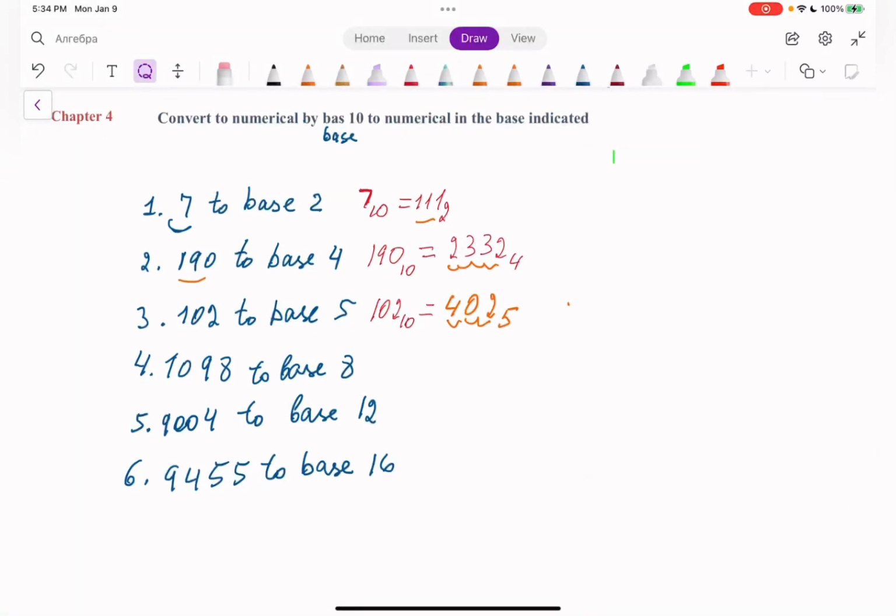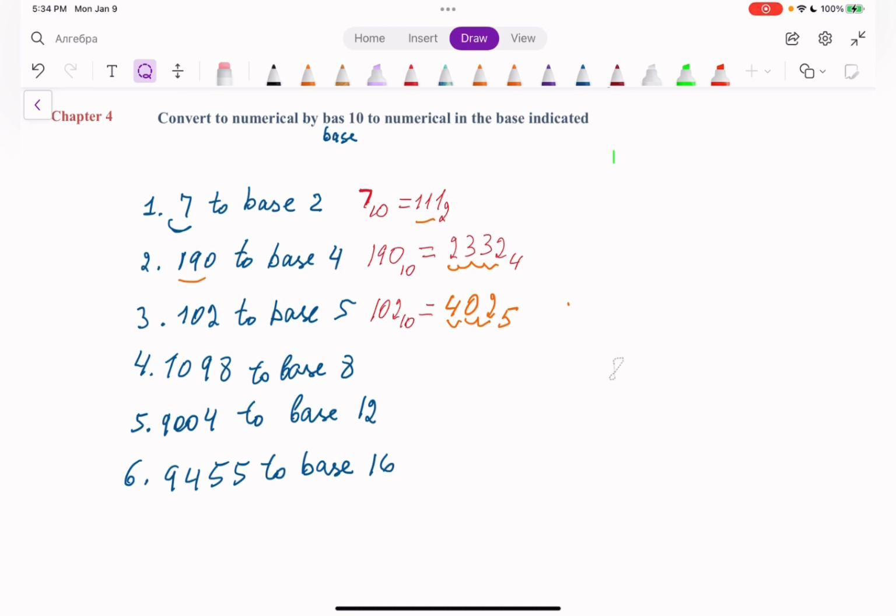Next, 1098 to base 8. That one is going to be fun. So 8 to what power can we raise to get close to 1098?